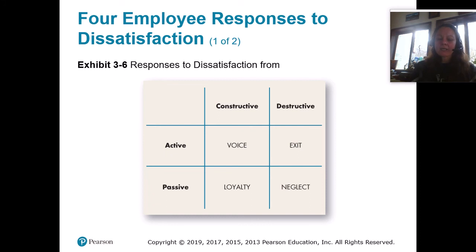And then here is just a little graphic illustration of those types of responses. We have it set up where we have the constructive and destructive ways to handle your dissatisfaction, and then we have the active and the passive way to handle that. That active way would definitely be a more assertive type way.